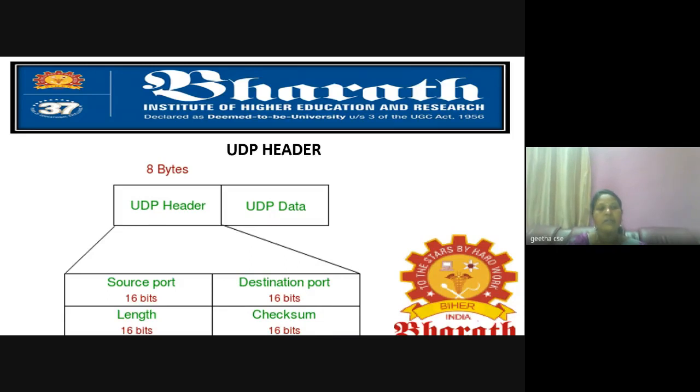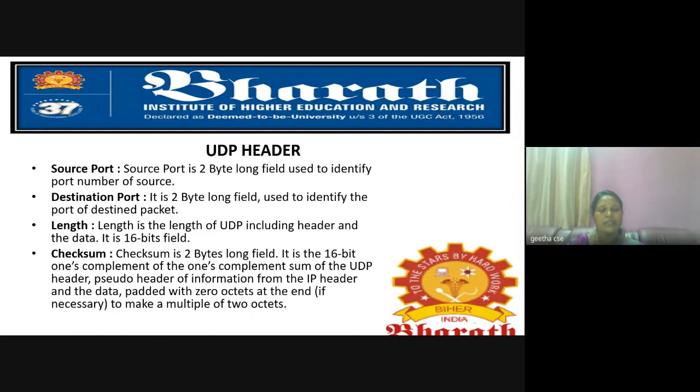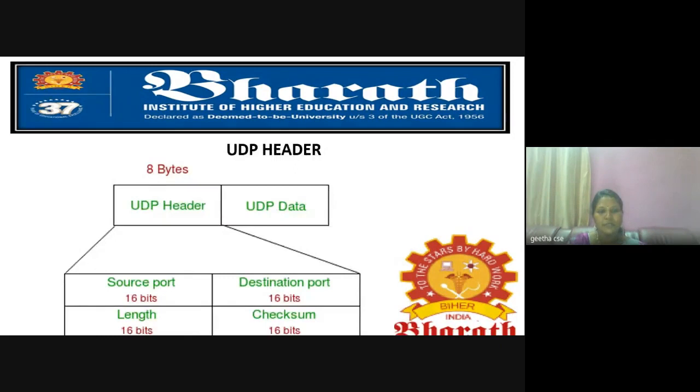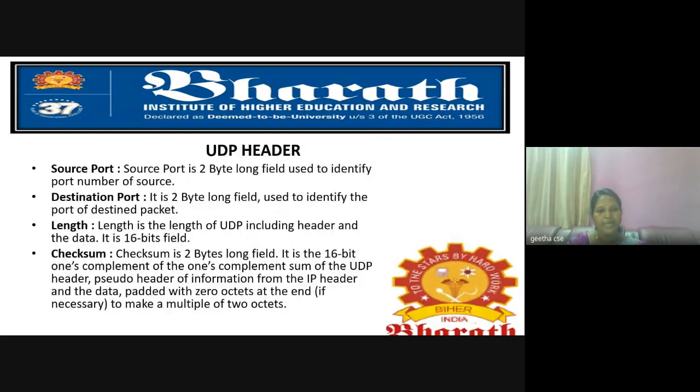That's it. As we have seen in the last slide, the source port and the destination port have 16 bits each, that is 2 bytes. And length is used to identify the length of the data. Checksum is the operation used for error detection and correction when checking for erroneous data. The checksum has been allocated 16 bits, that is 2 bytes.